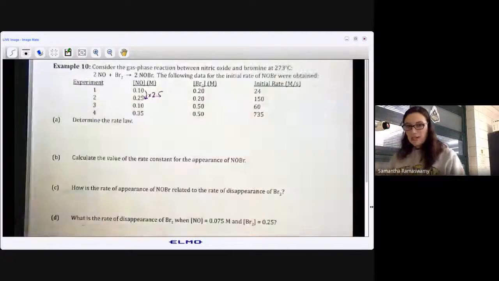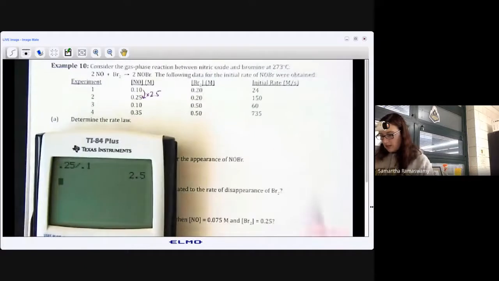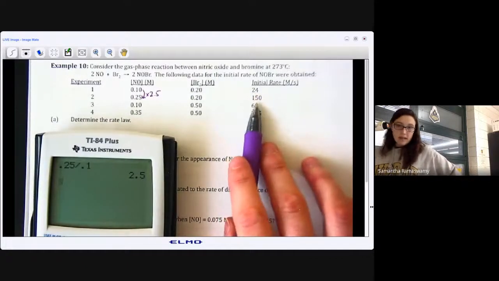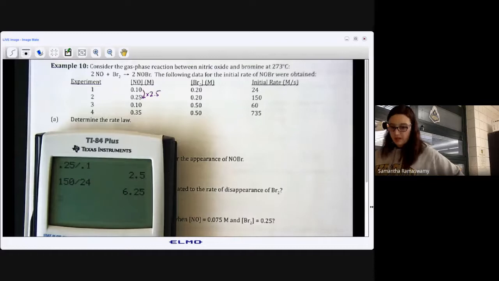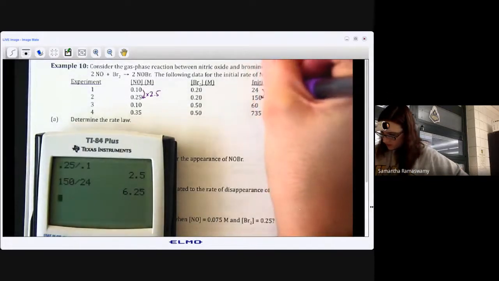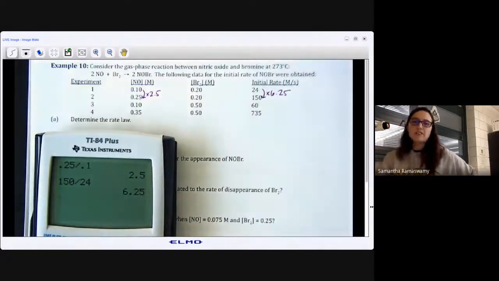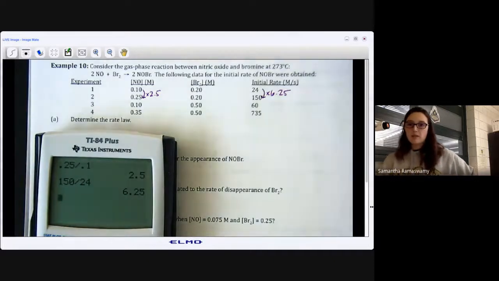So NO increases 2.5 times. Now, I can't do this in my head, so here's what I'm going to do. 150 divided by 24, that's 6.25 times. So as NO increases 2.5 times, the rate increases 6.25 times.